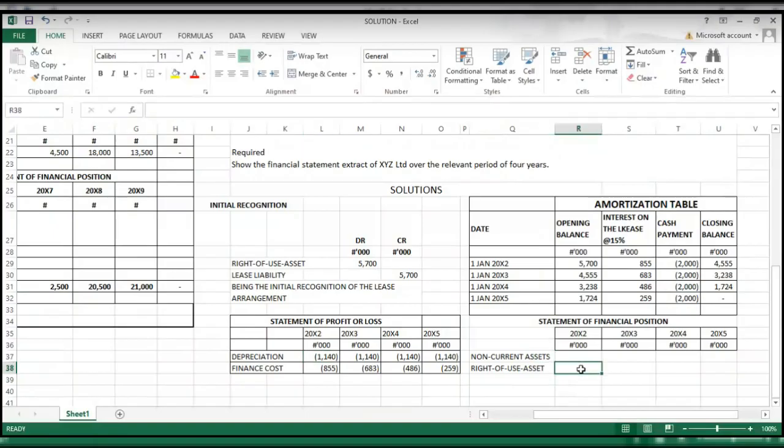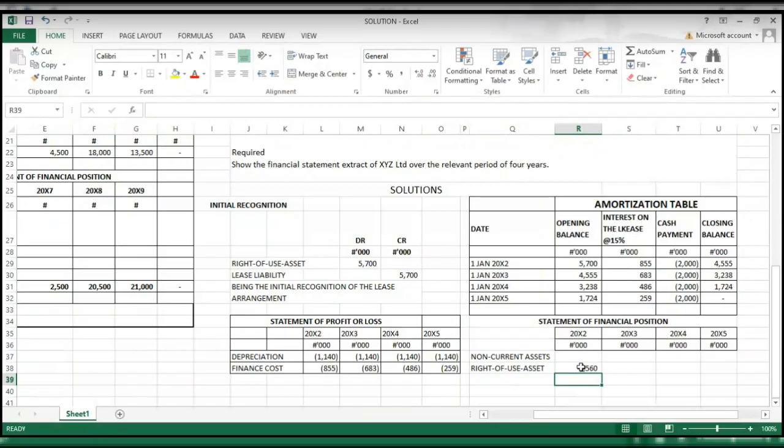Don't forget we use the cost model for right of use asset, and it's going to be what? Cost less accumulated depreciation. So this is the value that we recognize at the beginning of the year minus the depreciation for that year. And so we are going to have a carried amount.